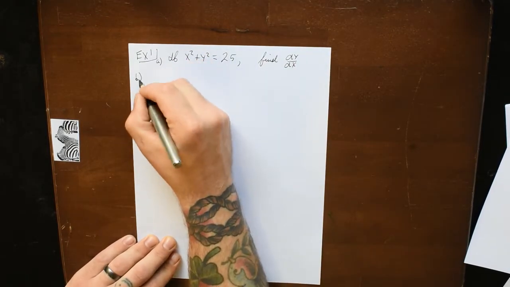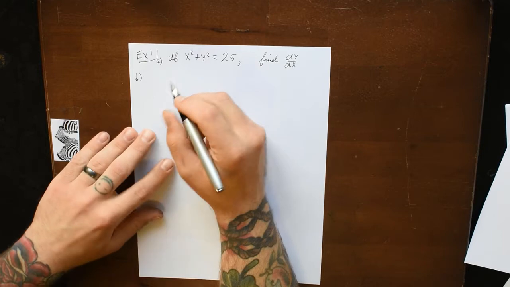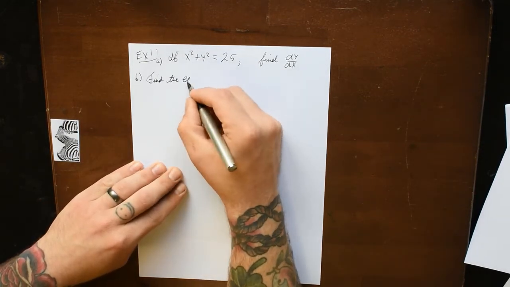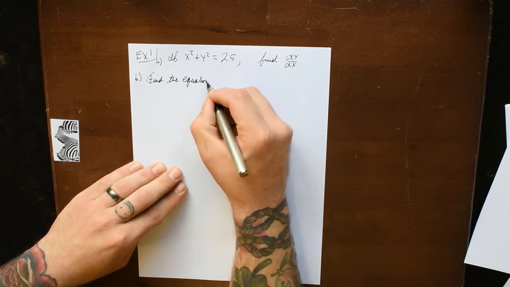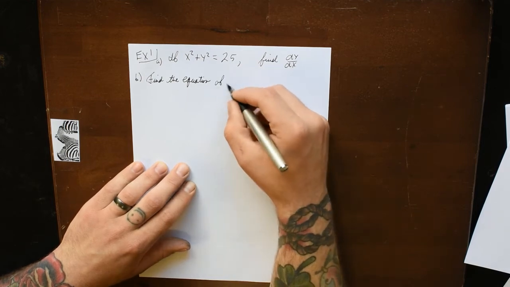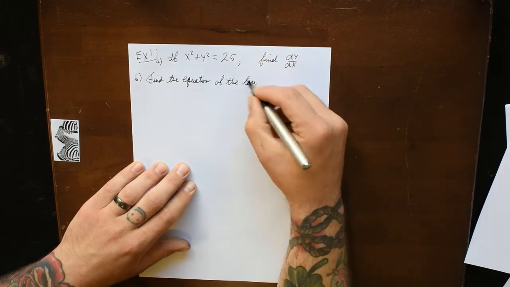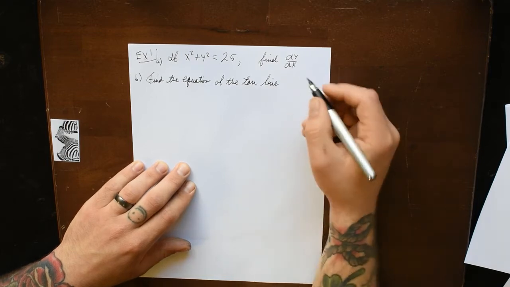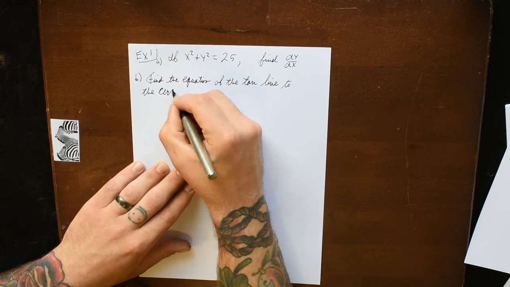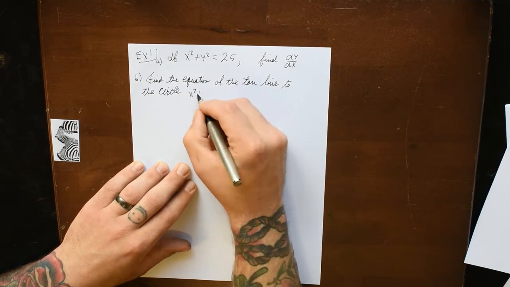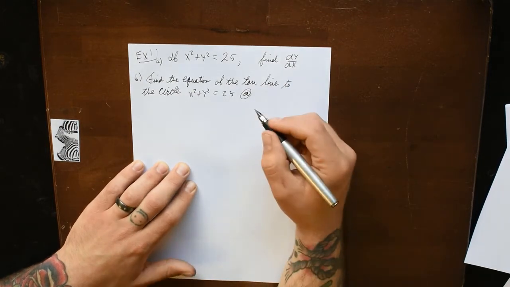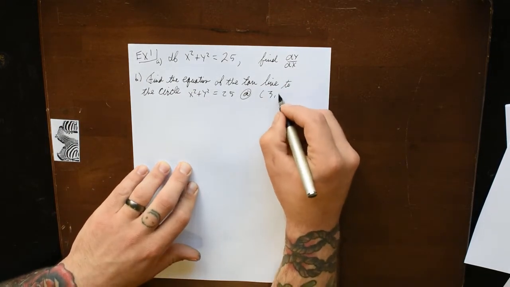And the second thing we do is we will find the equation of the tangent line to the circle x squared plus y squared is equal to 25 at the point 3, 4.